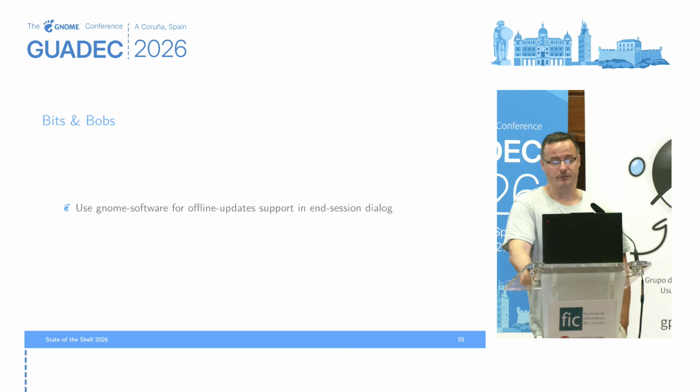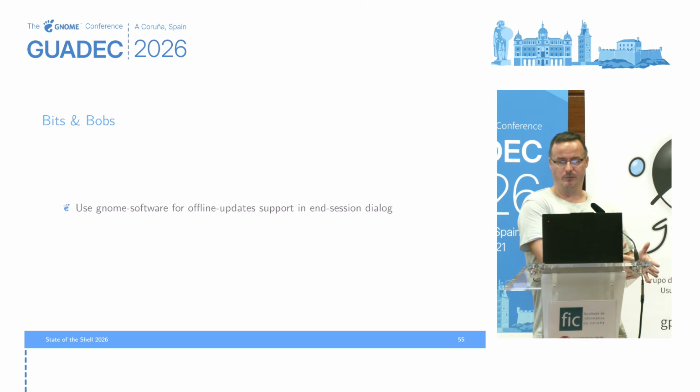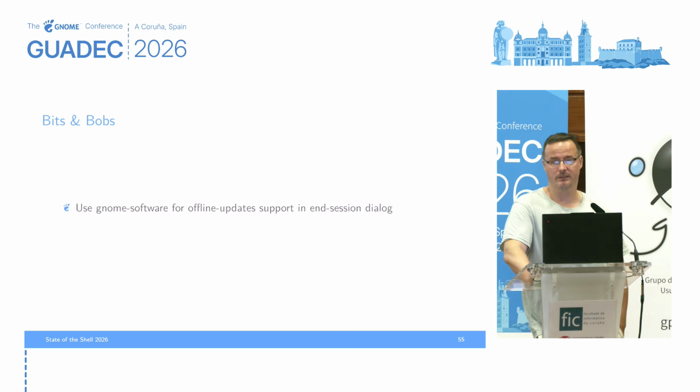It makes a difference for systems that aren't managed by packages with PackageKit, but where GNOME Software does have a plugin for updates, because those are now supported. Before, those updates were just not handled from the shell.